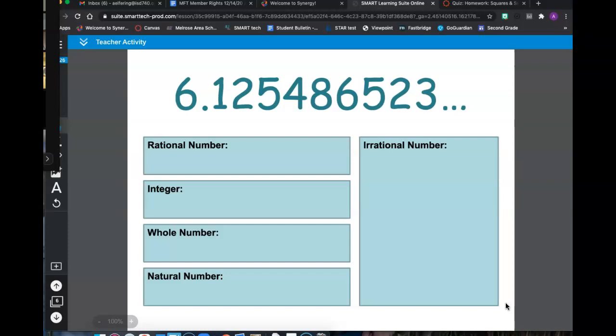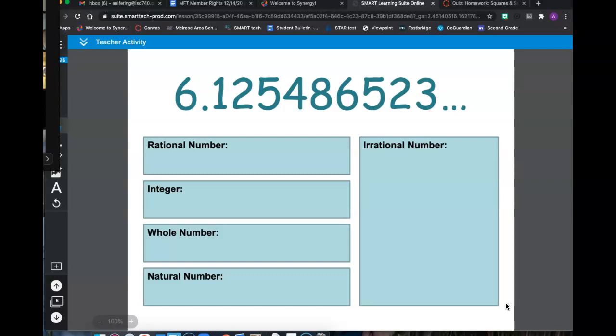Put a check mark where you think this belongs. Okay, so if I tell you that this number only belongs in 1 spot, that means it has to be either rational or irrational.